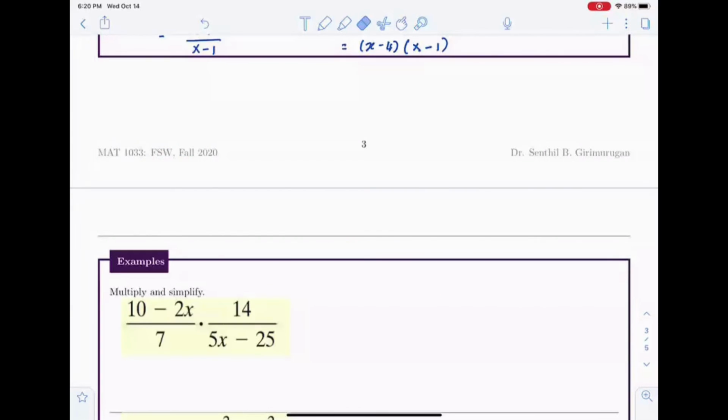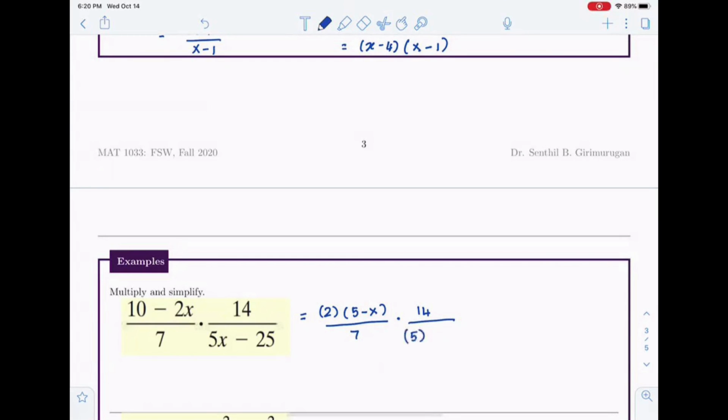So here we have 10 minus 2x divided by 7, and we're going to multiply it to 14 times 5x minus 25. So in 10 minus 2x, I have 2 in common. So if I pull that out, I have 5 minus x divided by 7, 14, divided by, I have a 5 in common in 5x minus 25.